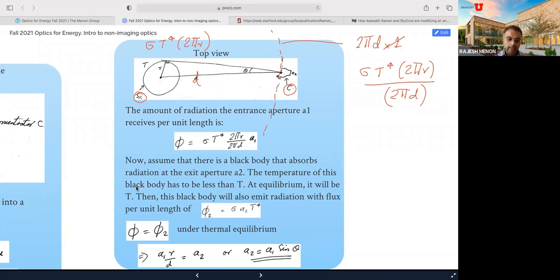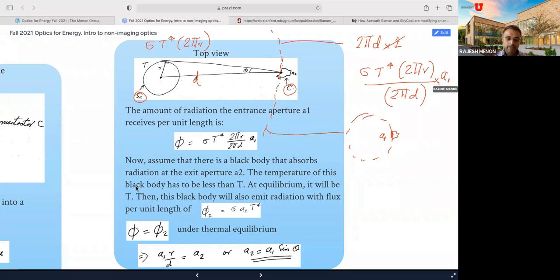Now, that's the entire thing, right? So in other words, that is the entire thing over this entire cylindrical surface. But what I am only intercepting is this tiny area corresponding to the CPC, right? So I have to now multiply by its area, which is the input aperture area. So I'm multiplying that by A1.